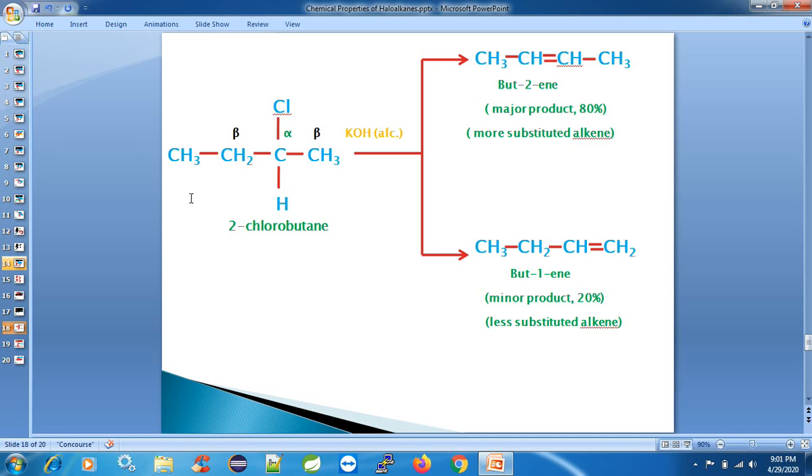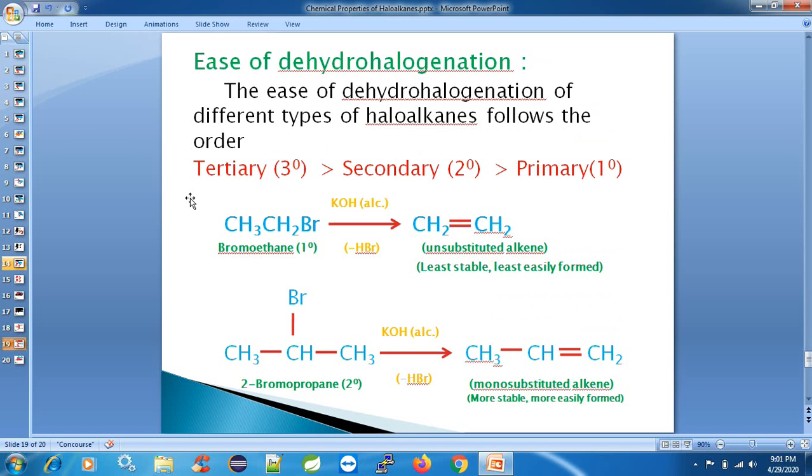So according to this, we will discuss tertiary haloalkane, secondary haloalkane and primary haloalkane. The rate of dehydrohalogenation of different types of haloalkanes follows the order: tertiary haloalkane forms the alkene at a faster rate in comparison to secondary, and secondary haloalkane produces alkene more quickly in comparison to primary haloalkane.